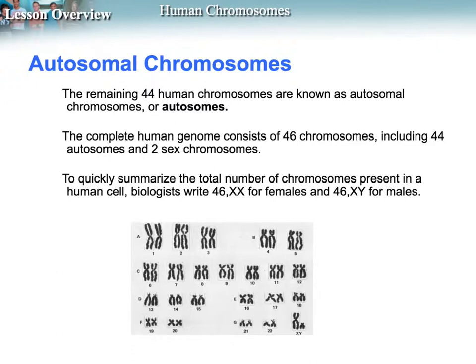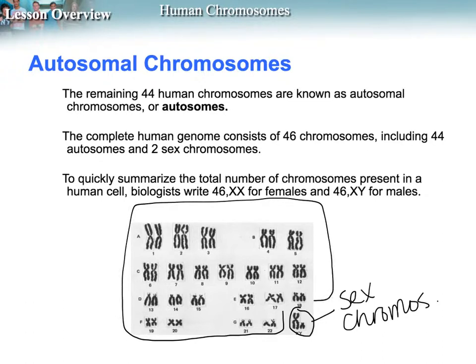To quickly summarize the total number of chromosomes present in a human cell, biologists write 46 XX for females and 46 XY for males. So right here, those are going to be the sex chromosomes. Everything else, all those, are going to be the autosomes.